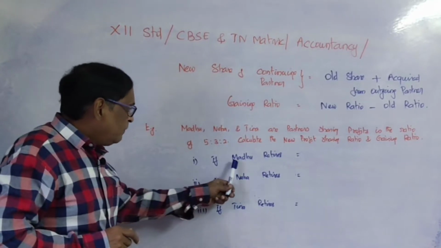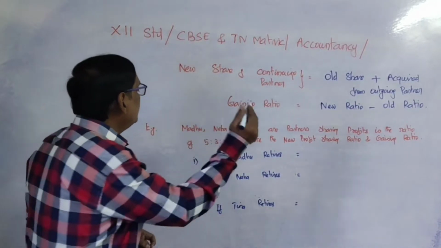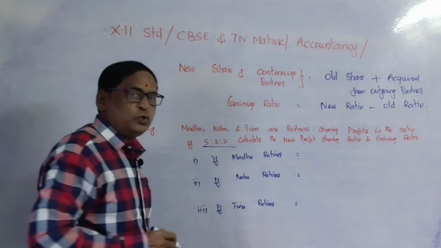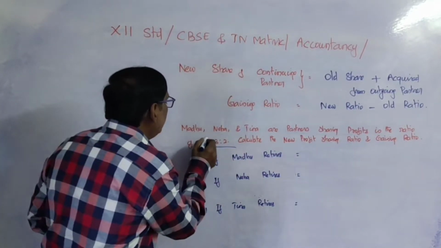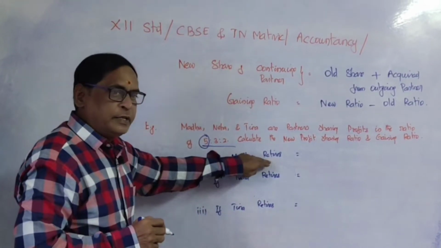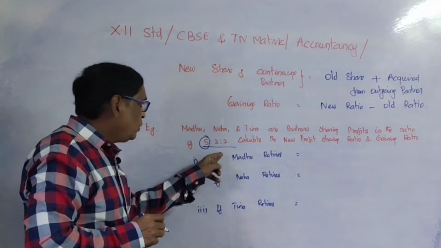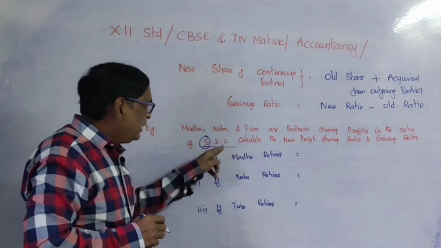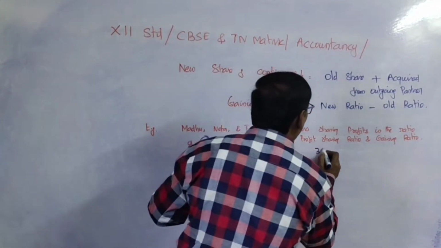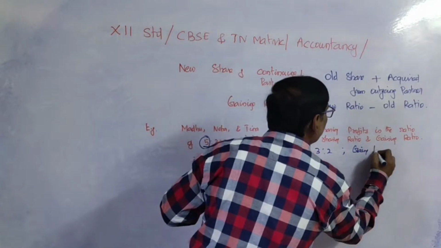For example, if Madhu retires, what is the share between these 3 persons? Actually 5:3:2. Here Madhu's share is 5 out of 10. If Madhu retires, the new profit sharing ratio between Neha and Tina will be 3:2, and the gaining ratio is also 3:2.